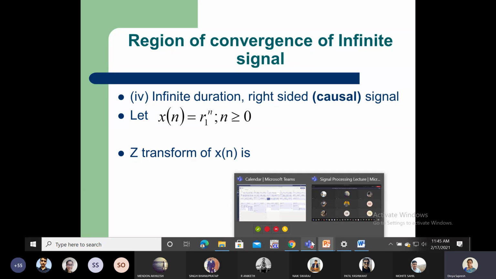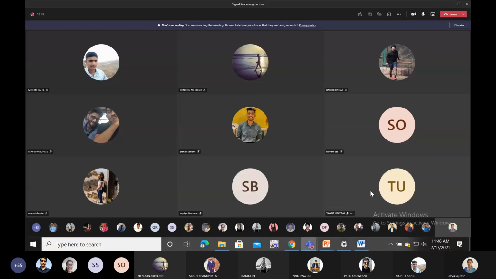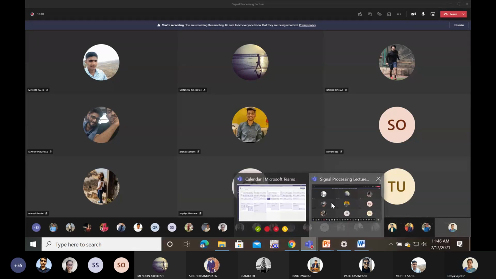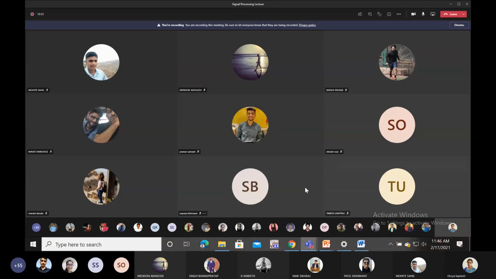Bhavesh? What is the general equation of Z transform? General equation of Z transform.